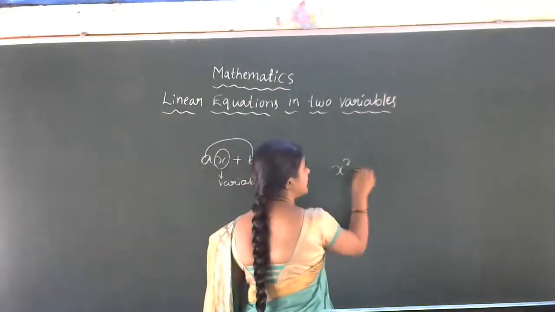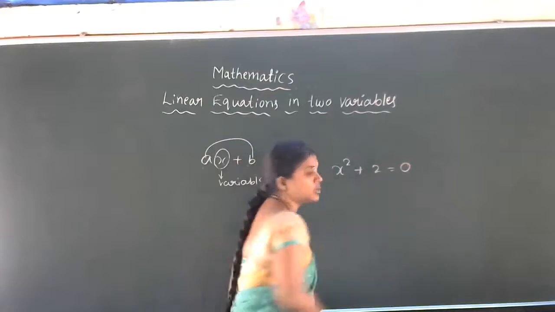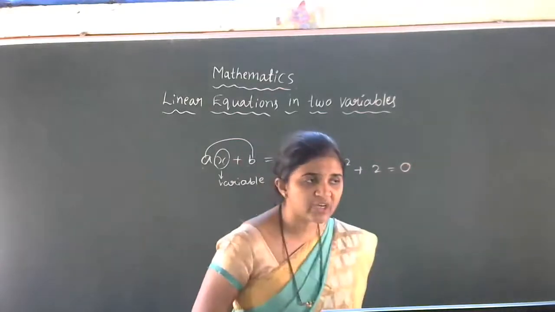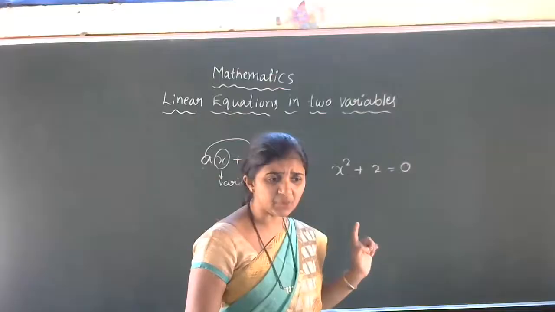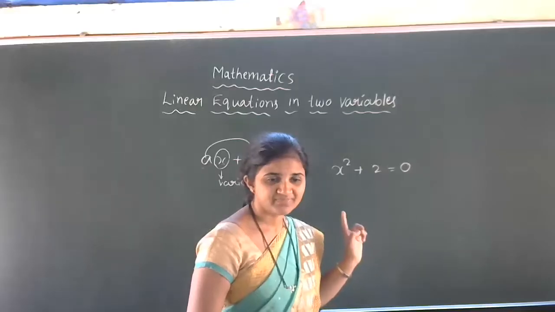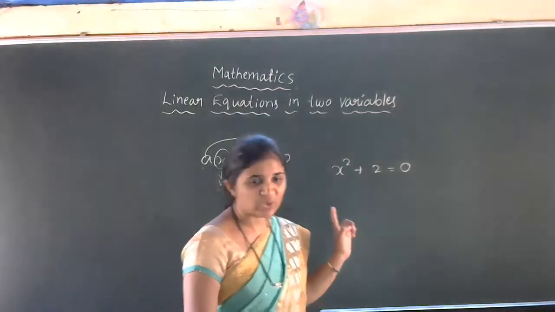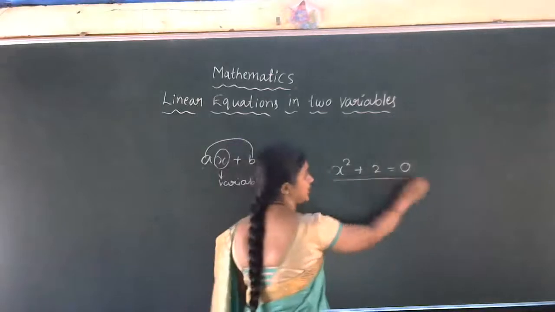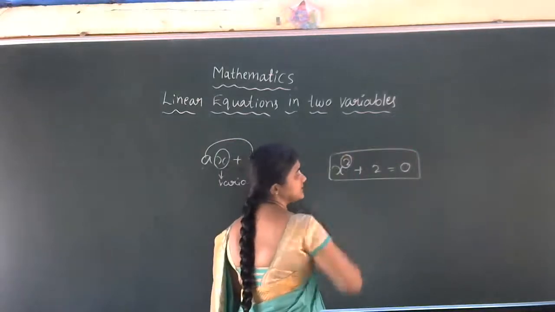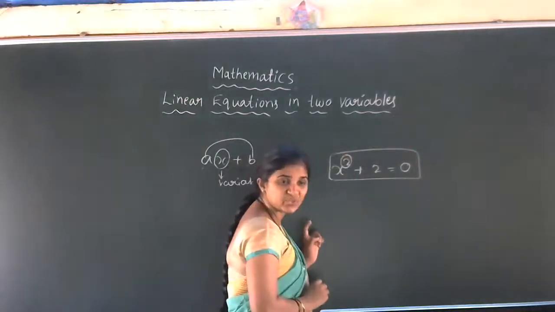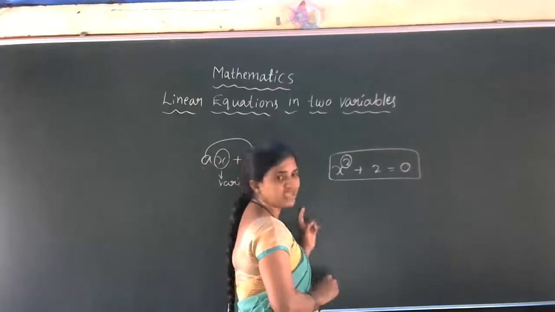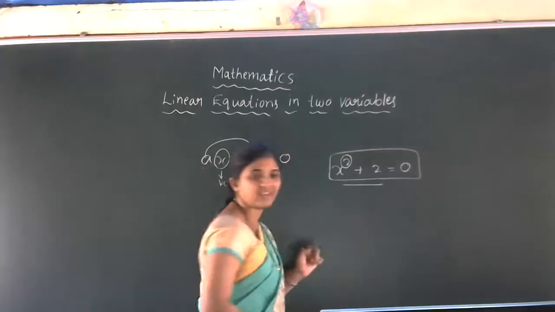Now, can you tell me, x square plus 2 is equal to 0, is it a linear equation? No, this is not a linear equation, because its degree is 2, highest power is 2. So this is a quadratic equation.